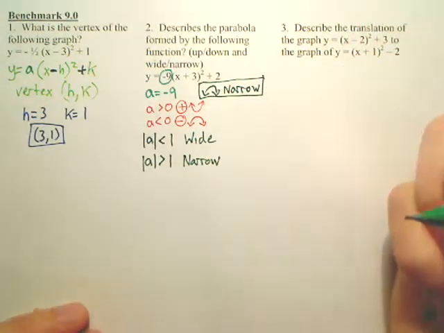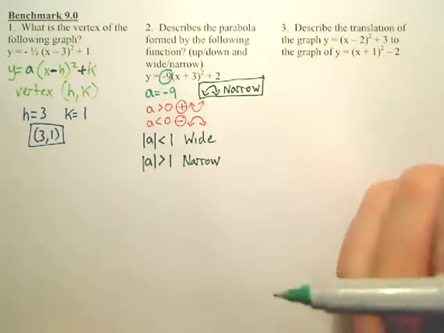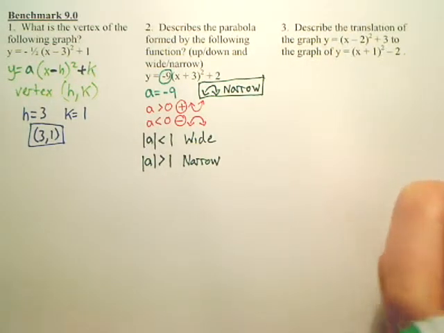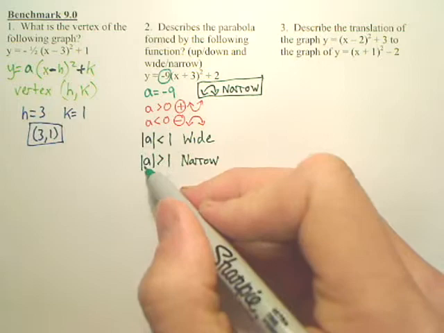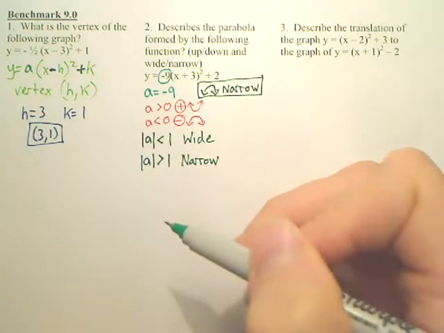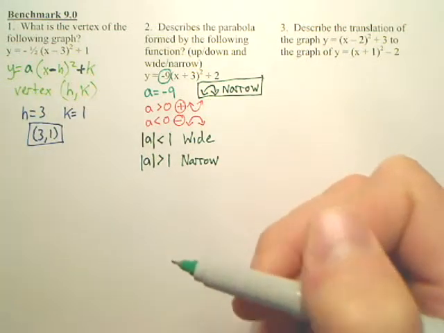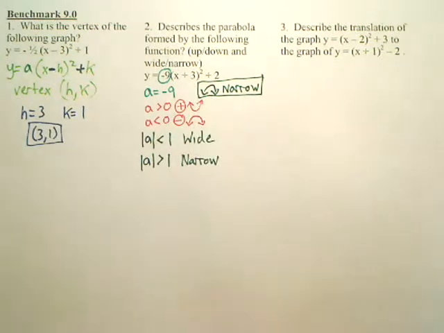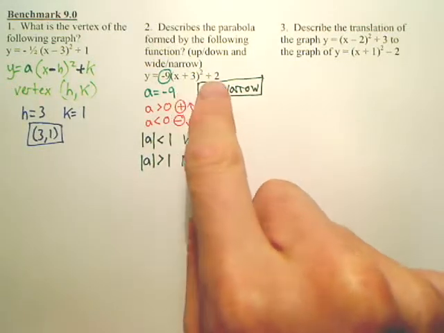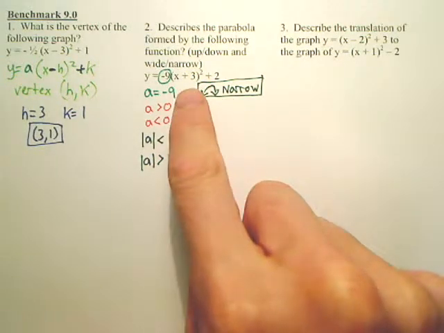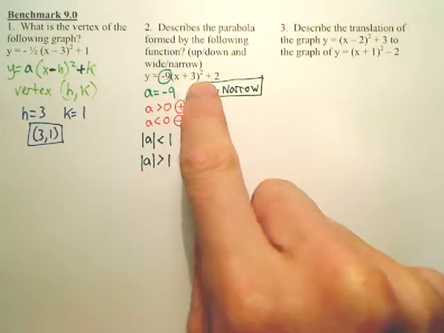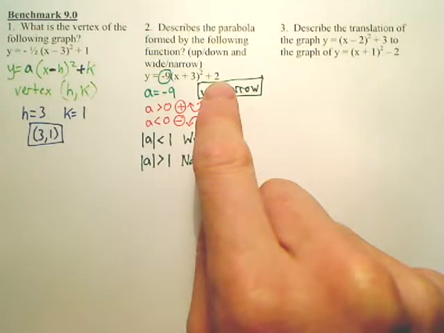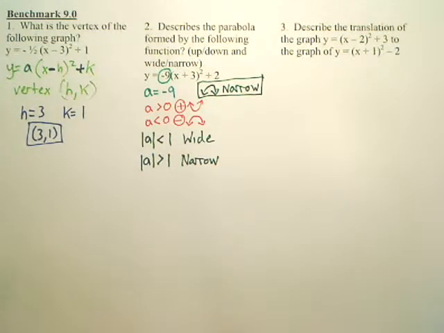So this particular problem, it's down and narrow. Again, the absolute value means focus on the number, not if it's positive or negative. Here, you focus on the positive or negative to see if it's happy or sad. By the way, what's the vertex for this one? The vertex is (-3, 2). You don't need to know it, it's just good to look at.